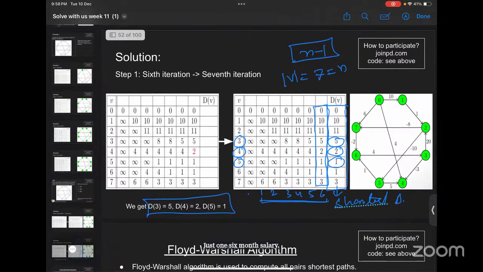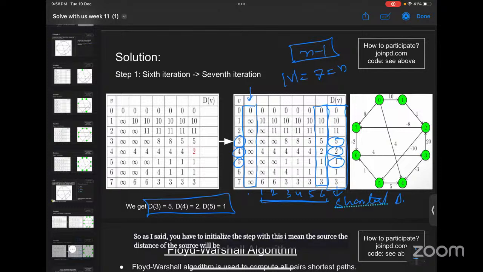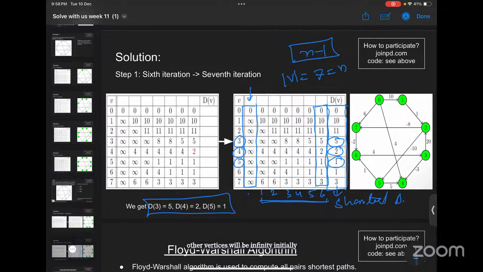This one. Okay. So as I said, you have to initialize the step with this. I mean, the distance of the source will be 0 and the other vertices will be infinity initially. Then you have to update the distance of all the vertices. The formula to update this is that you have to take the minimum distance.